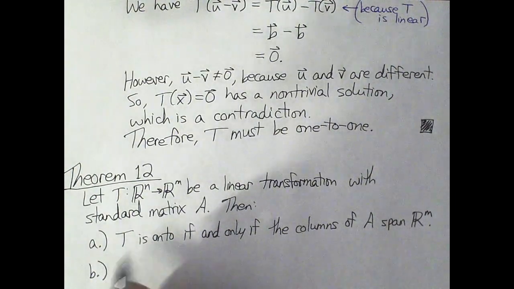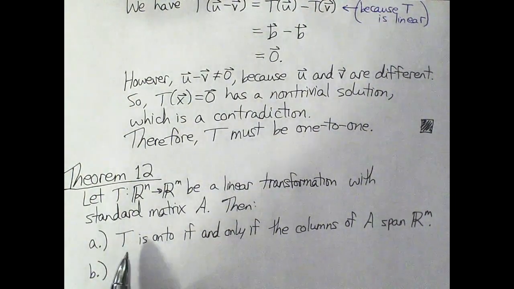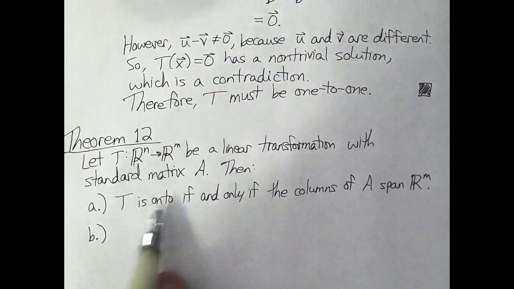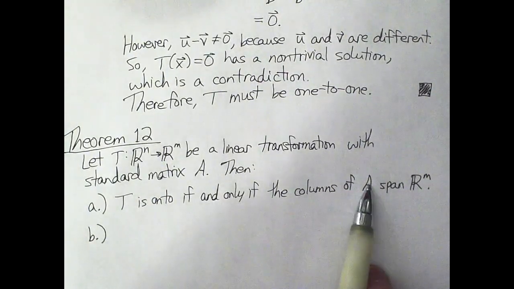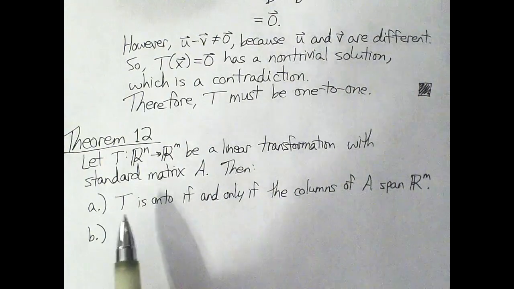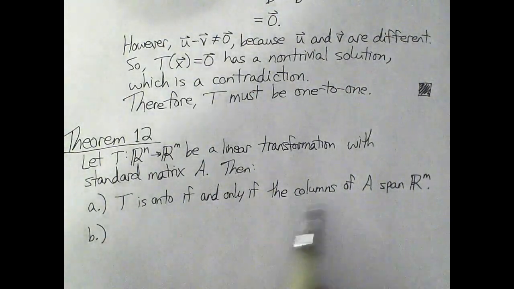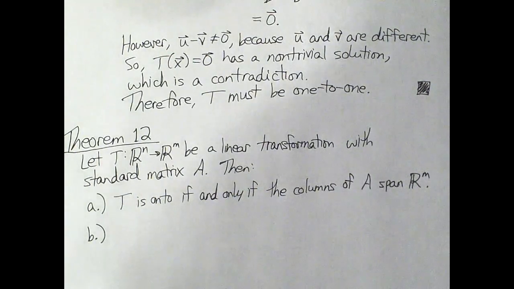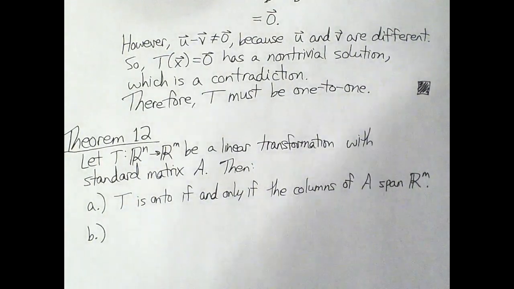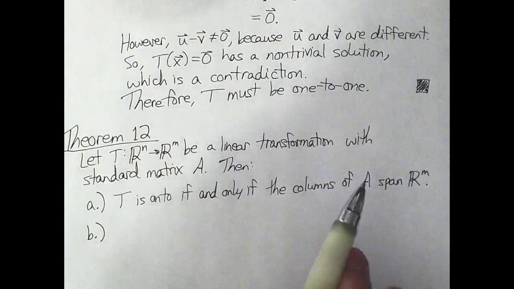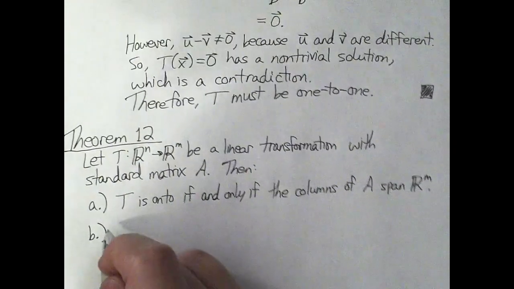Oh, and by the way, this is cool because this is telling us a way to check to see if T is onto based on looking at its matrix. So we're taking the question of whether or not the transformation is onto, and we're turning it into a question about the columns of its matrix. And a lot of linear algebra questions can just be turned into questions about a matrix.